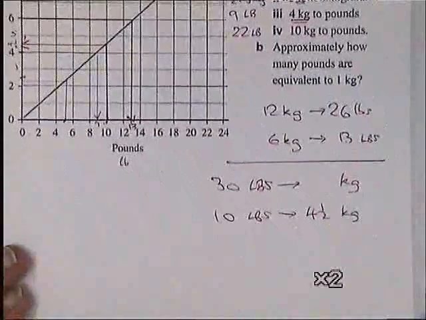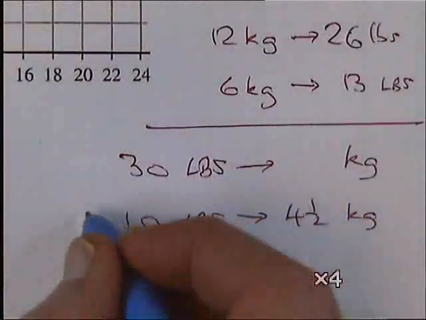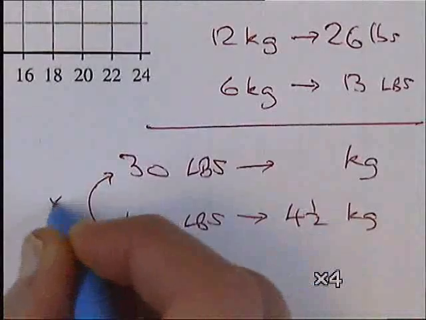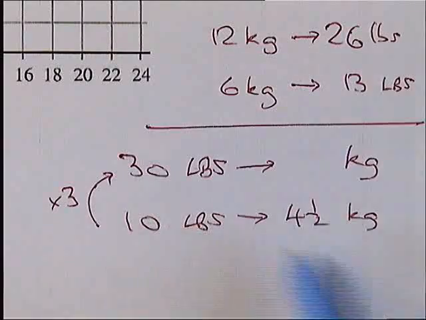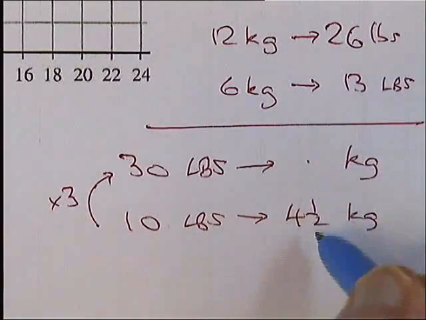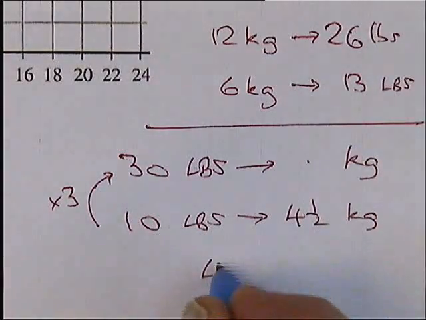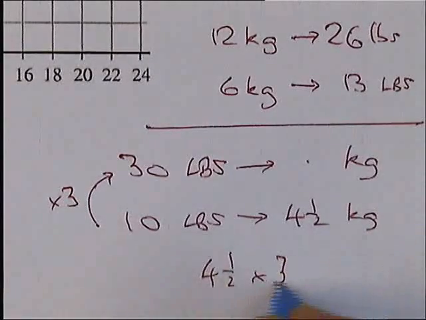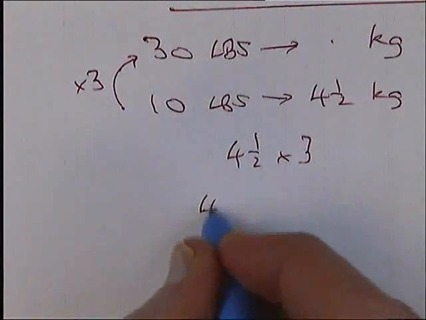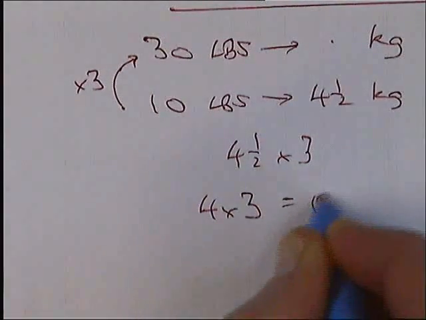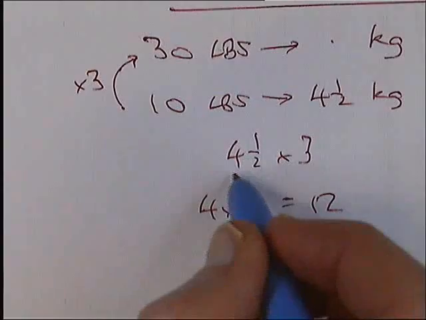Now if I know what 10 is, if I'm really after 30, well, I just have to times it by 3. This is 3 times as heavy as this is. So here, to get this number over here, I would times this number here by 3. 4.5 times by 3. Now if you're not sure how to do that, you can do 4 lots of 3, which is 12. That bit's dealt with.